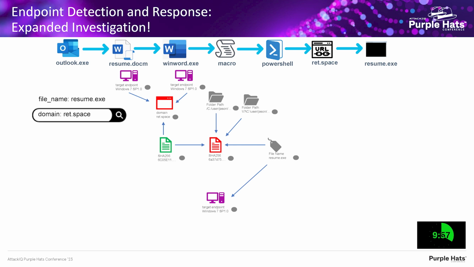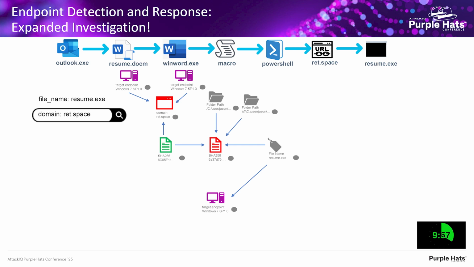Then we look at ret.space, the domain itself, right? Resume.exe is great. And so we do see that, and we see the relationship with PowerShell, which we know because the macro kicked off PowerShell that went to ret.space. But look at this. We see two more endpoints. These are two independent endpoints. Now you might be saying, well, wait a minute.